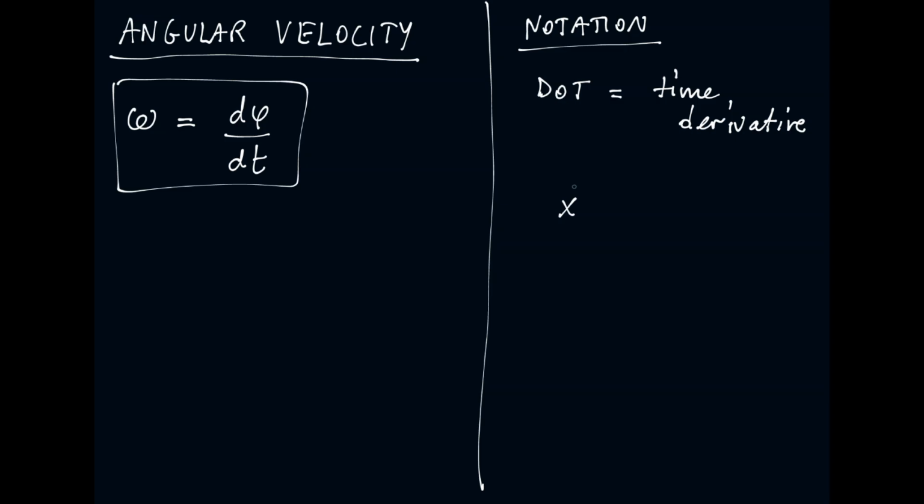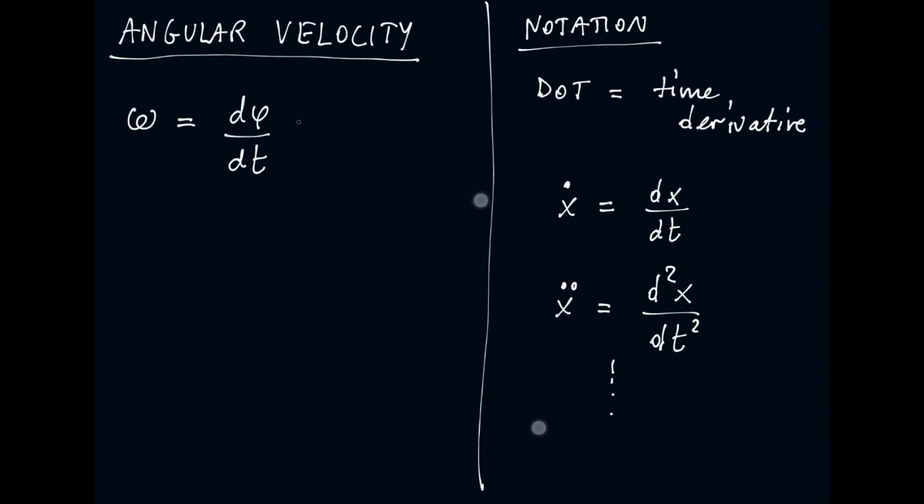So, for example, x dot means dx over dt. x double dot means the second derivative of x with respect to t, and so on and so forth. I doubt it will go to three dots ever, but this is pretty standard notation in more advanced treatments of classical mechanics, and I hope you familiarize with this soon. It's very compact, so I quite like it. So another way of writing this definition is that this is phi dot.